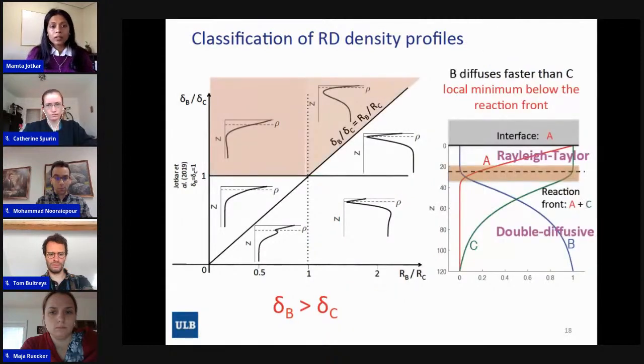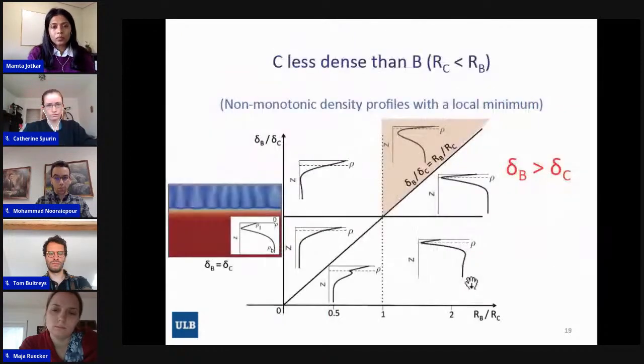For example, in these regions where B diffuses faster than C, the density profiles contain a local minimum below the reaction front. And this promotes a double diffusive convection that couples with the Rayleigh-Taylor instability. In this representative case, where the product C is less dense than B, I recall that in the equally diffusive scenario, the fingers would remain stuck close to the interface up to very large time.